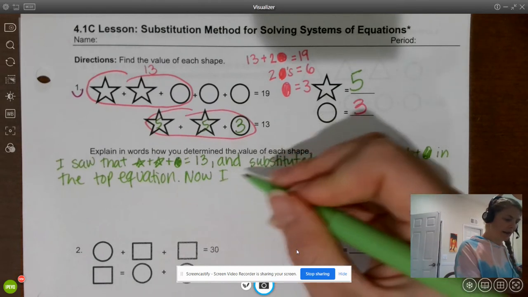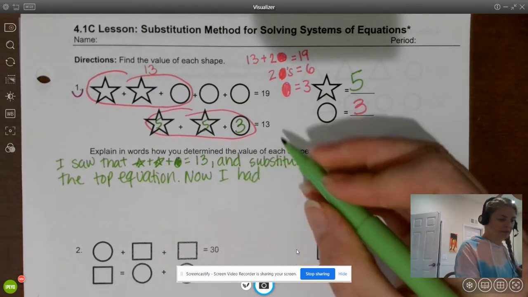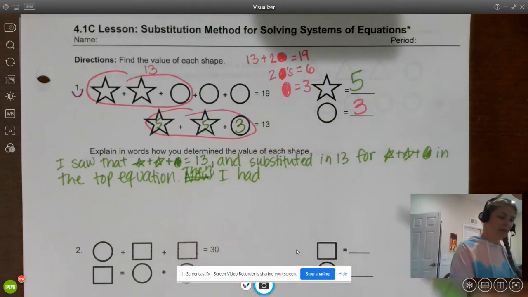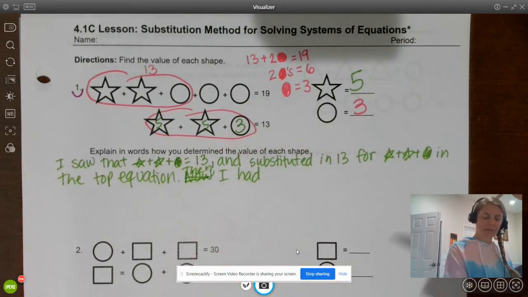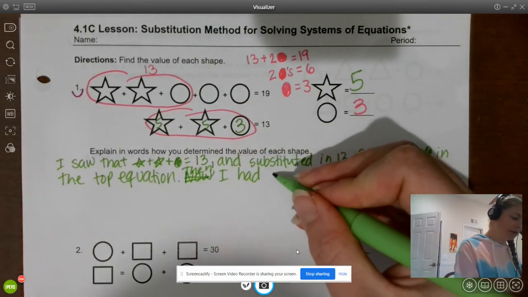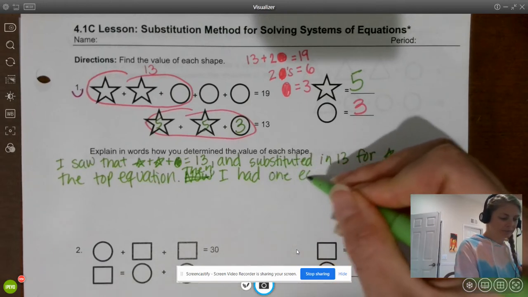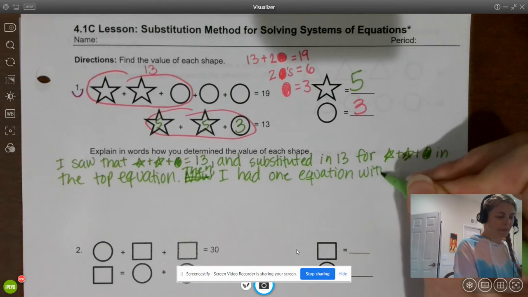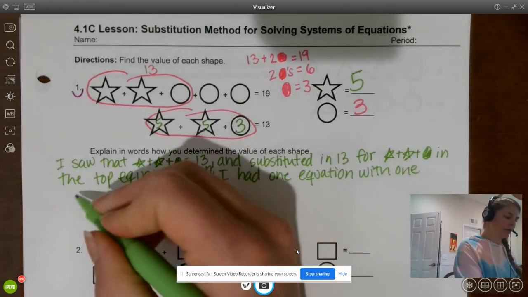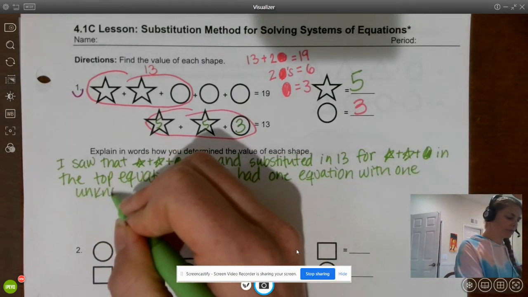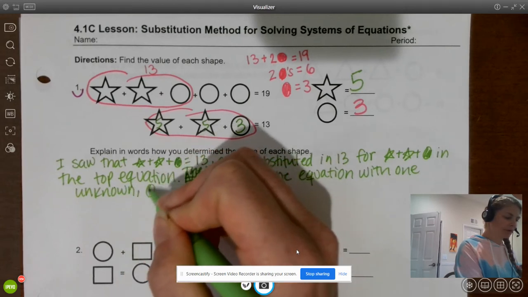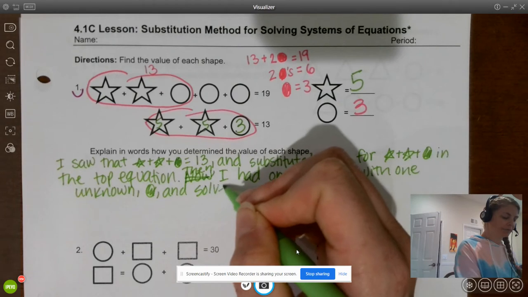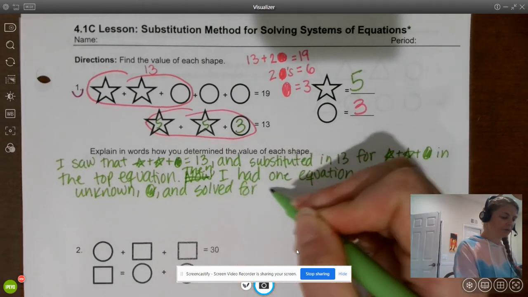Now I guess it would be then, because now is like present tense, then is past tense. Then I had one equation with one unknown, circle, and solved for circle.